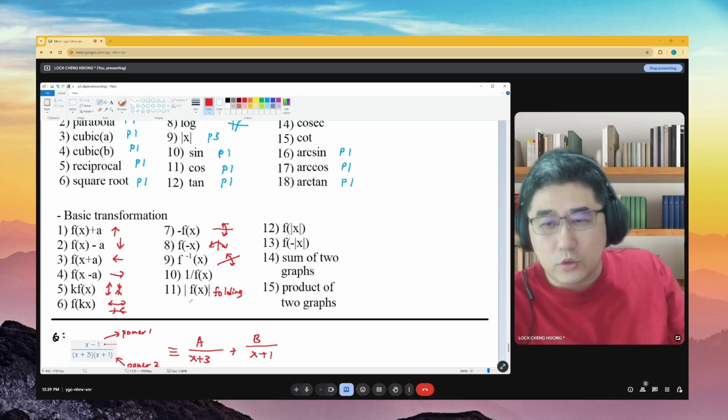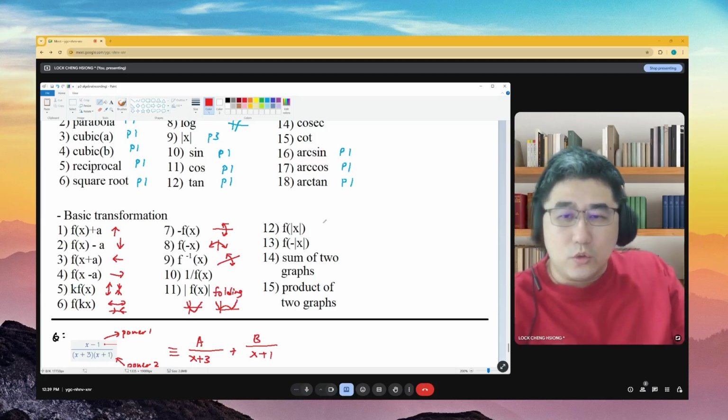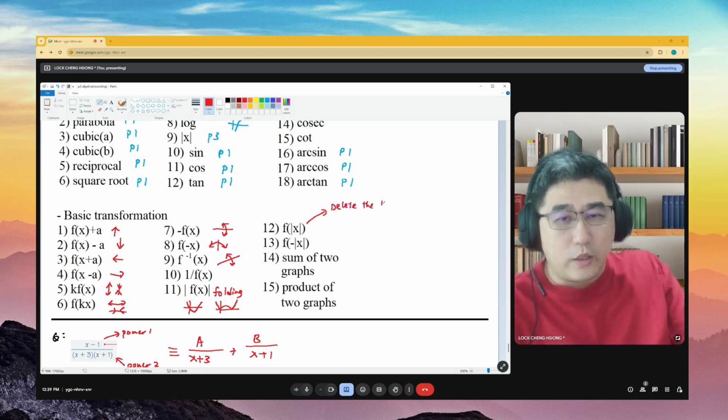Folding. So let's say for the quadratic graph, you'll be folding it to become like this. This one, 12 and 13, will be something extra that you need to know. 12 will follow this instruction: delete the left hand side of the y-axis, then copy and reflect the right hand side to the left hand side.